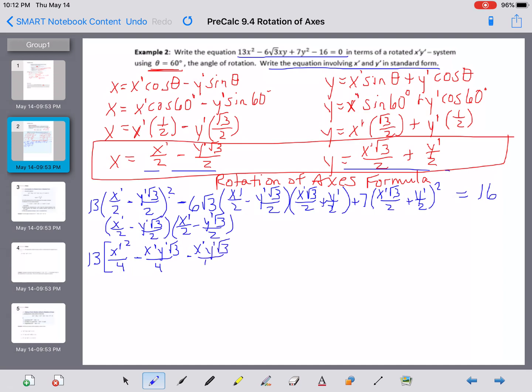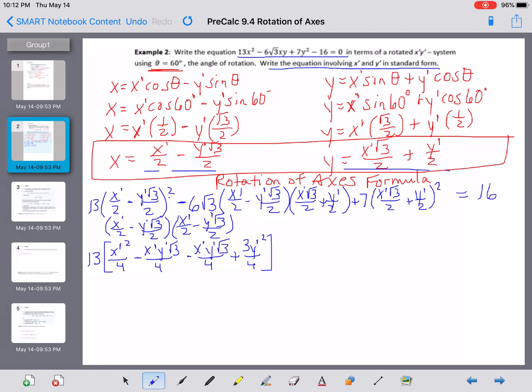And then finally the last two, a negative y prime radical 3 over 2 times a negative y prime radical 3 over 2 will give me a positive radical 3 times radical 3, which is 3y prime squared all over 4. Alrighty. There's my first term. Okay, kind of.